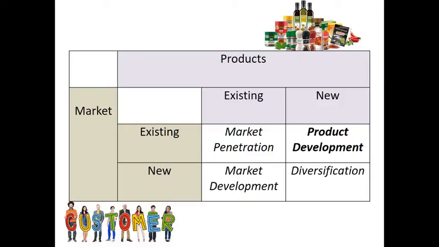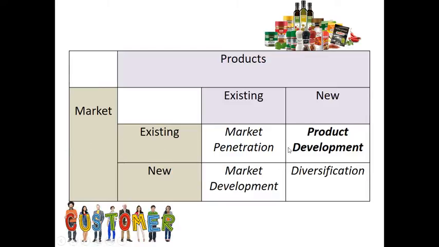The key thing to remember about all of these strategies in Ansoff's matrix is that it's all about risk, okay? What are the riskiest strategies for growth? Of course, the least risky strategy is market penetration, selling existing products to existing customers. Entering a new market with your existing products is risky because you might not necessarily know the customers in that market, although you know your product.